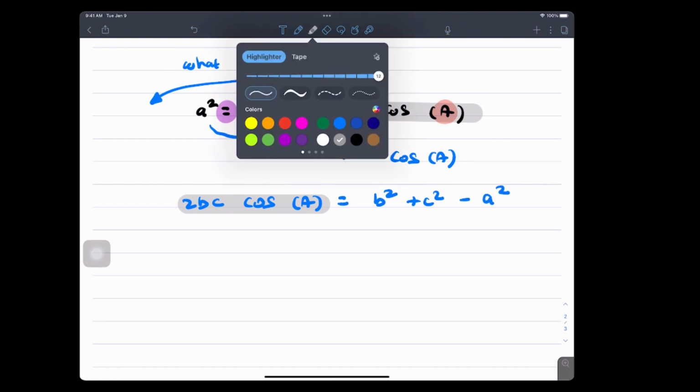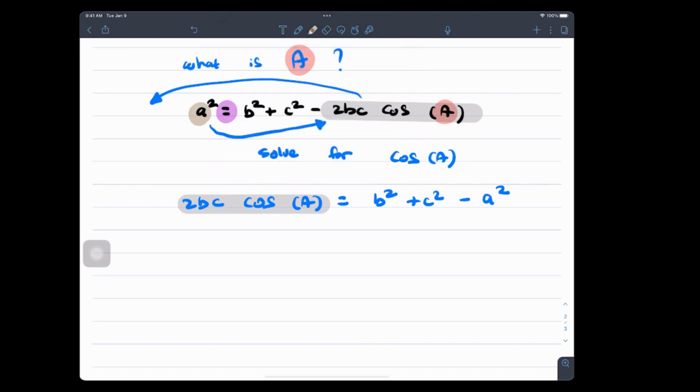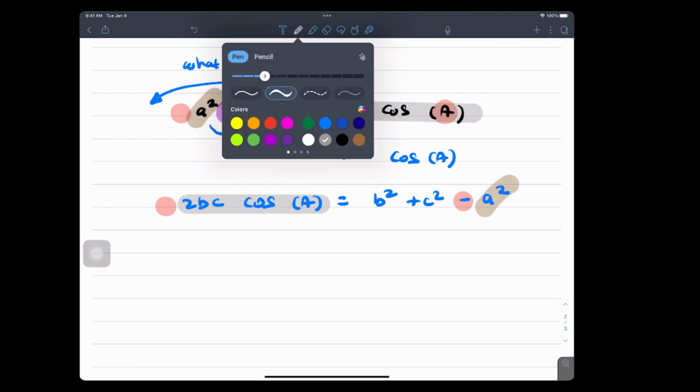I moved the a squared term to the other side. What happens to its sign? It's opposite. Here's my point. Look at the signs now. They're opposite. Okay? It's called translation, or you add them to each side. That's all you're doing. It's shorthand for adding or subtracting a term.